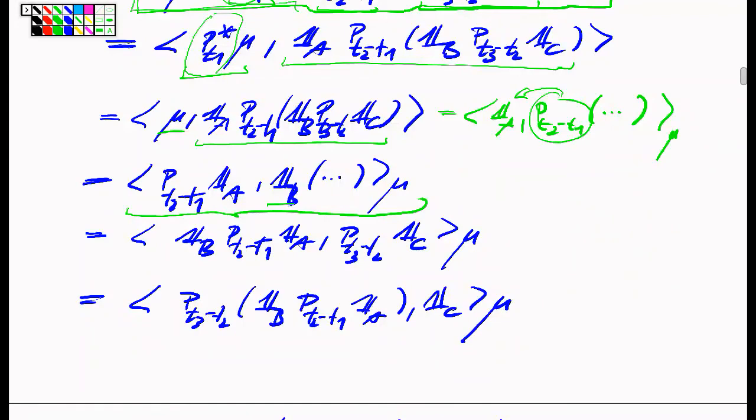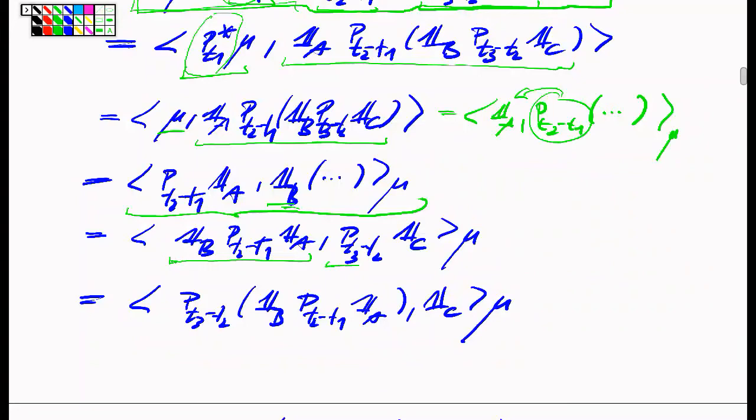And we can iterate this procedure by multiplying the 1B, or the indicator function of the set B. We can just consider this as a multiplication on the left-hand side. So we just move the multiplication operator on the left part of this bracket.